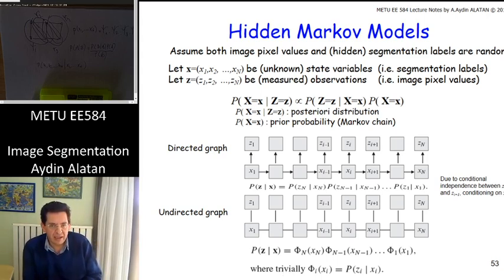Now, what is hidden? Labels are hidden. We don't know X. What is Markovian? Labels are also Markovian. Only your immediate neighbor affects you. The other ones don't affect you. Also conditional independence, so that you simply multiply them in a simple way, just like here. Z1, Z2, Z3 are conditionally independent of each other. If you know their states as a condition, they are not depending on each other.